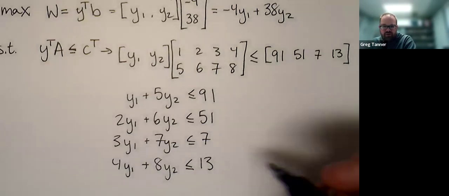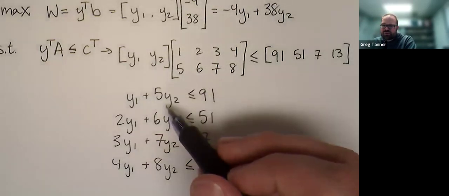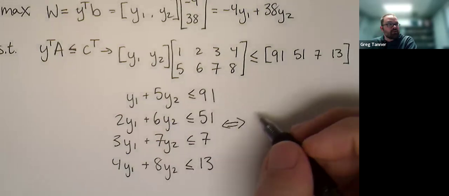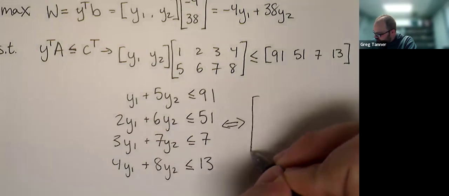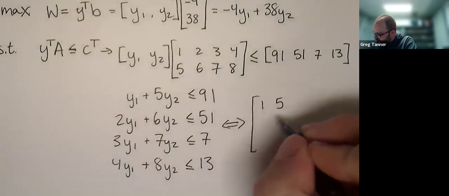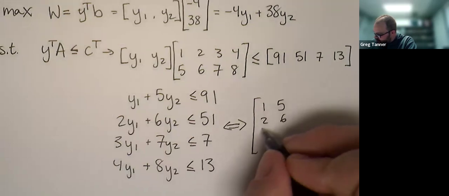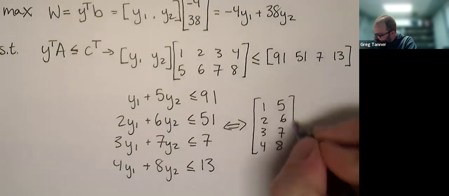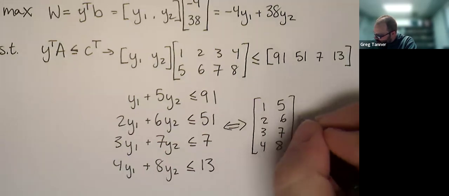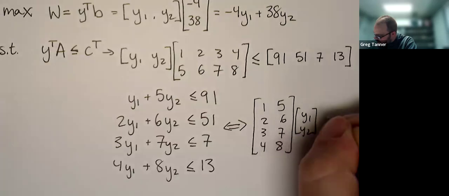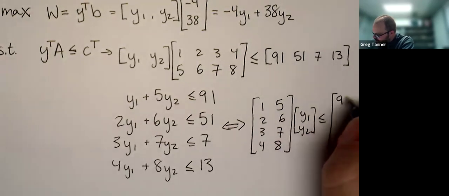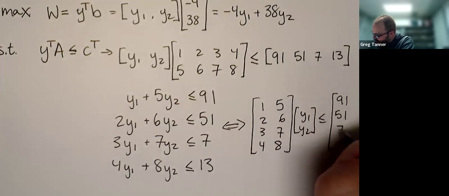And then you could think of, okay, well, if I wrote this maybe in the normal way of writing constraints, what would this look like? Well, it would look like the matrix 1, 5, 2, 6, 3, 7, 4, 8 times the vector of y1, y2, and that has to be less than or equal to the vector of 91, 51, 7, 13.